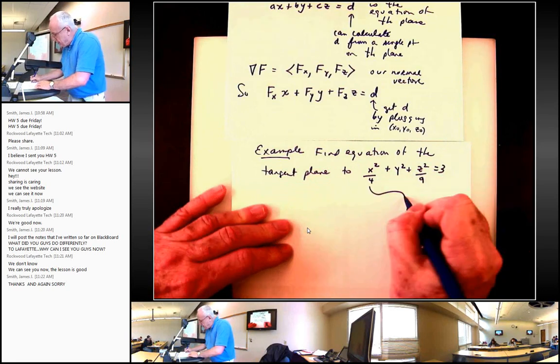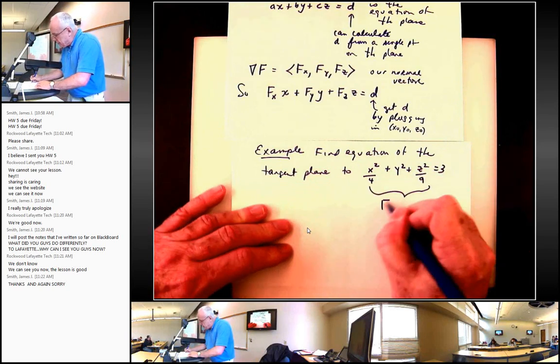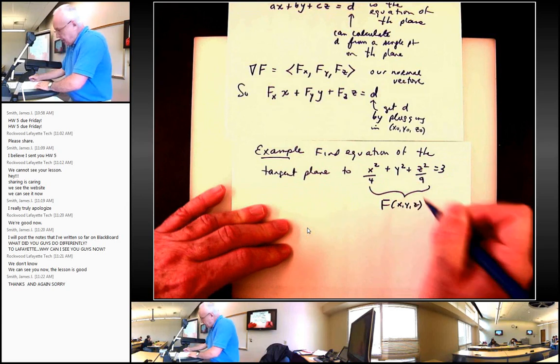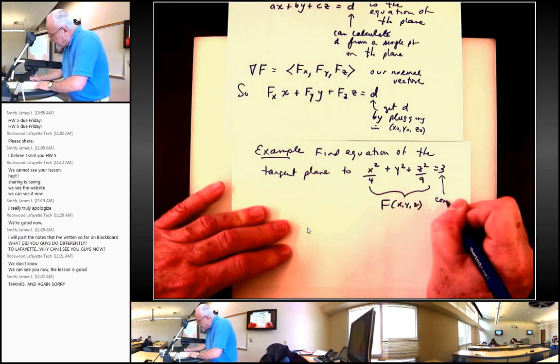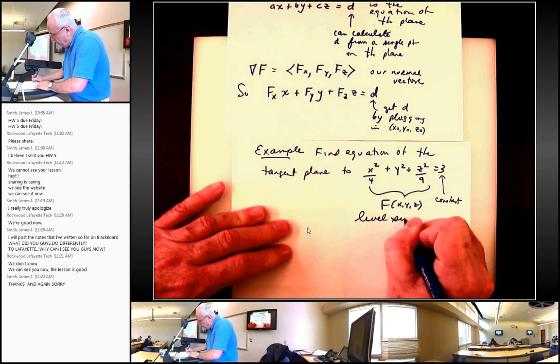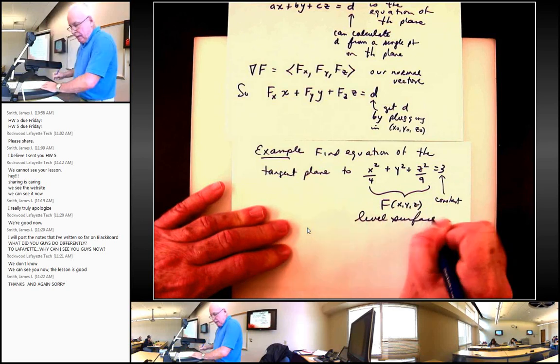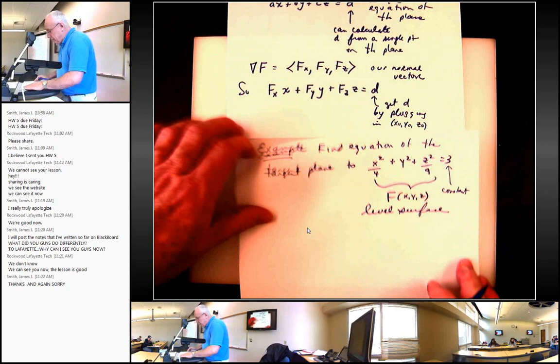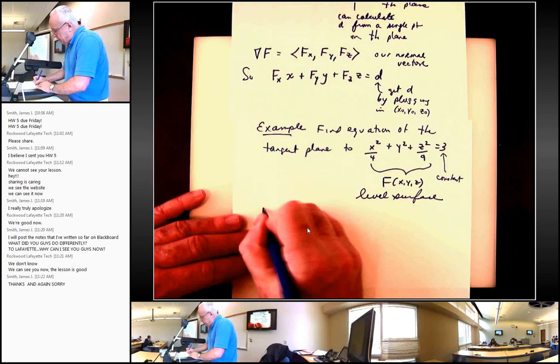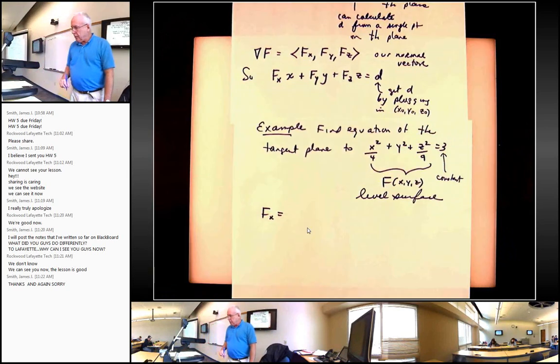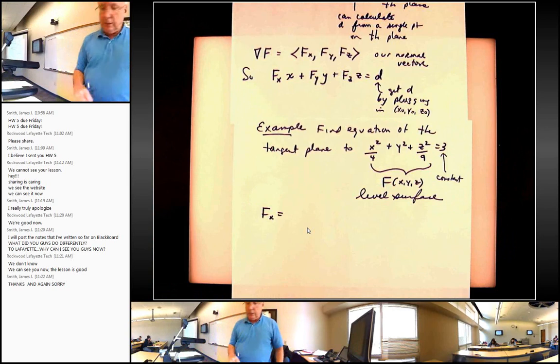So this part here is our capital F of X, Y, Z, and this, of course, is our constant. So this is a level surface. And so let's get the gradient, let's get the capital Fx. And so that's going to be 2x over 4, which is x over 2.